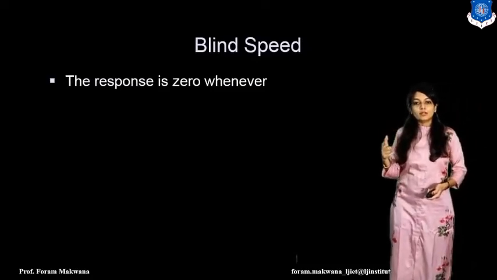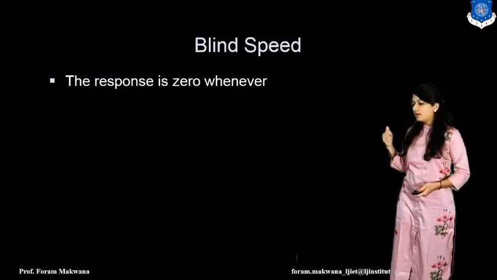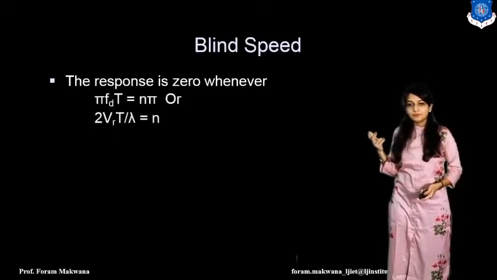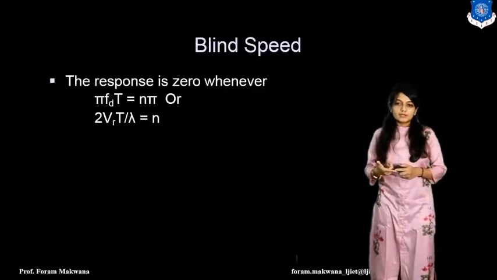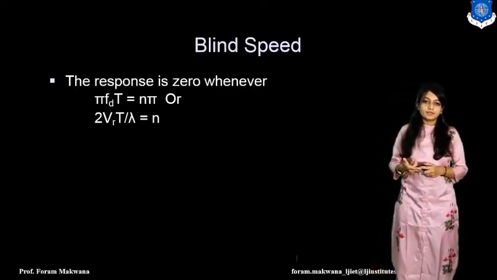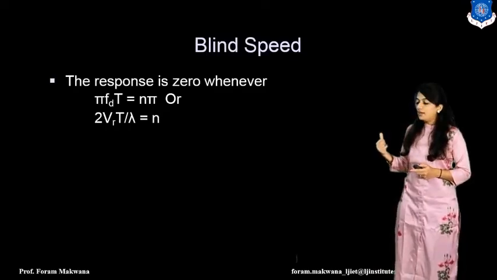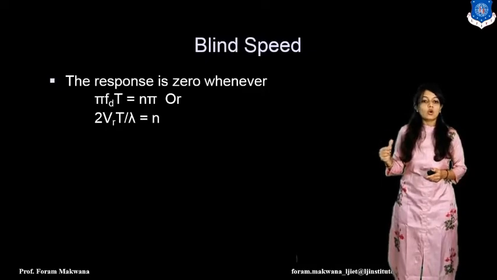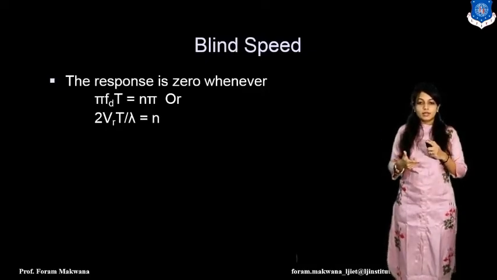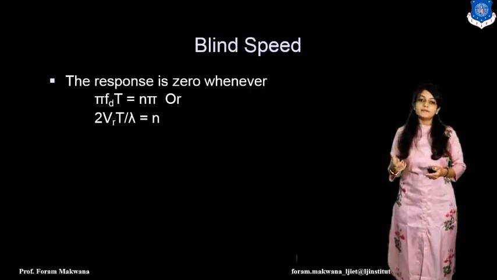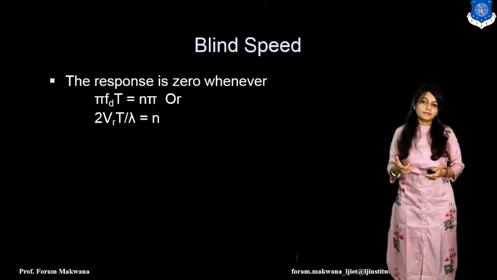Now, the important term is blind speed. What is blind speed? It is the condition in which the response of the MTI becomes zero. That means my MTI will not be able to detect any moving target. So that speed is called the blind speed.